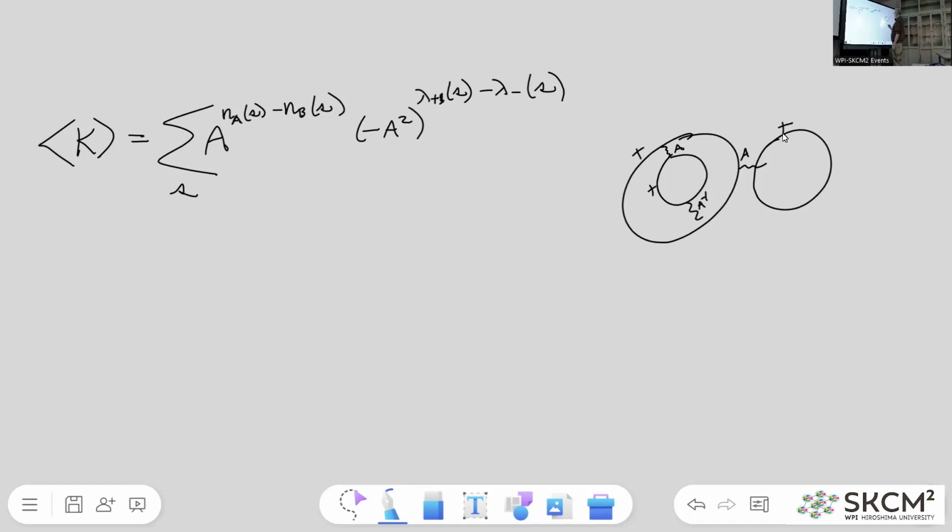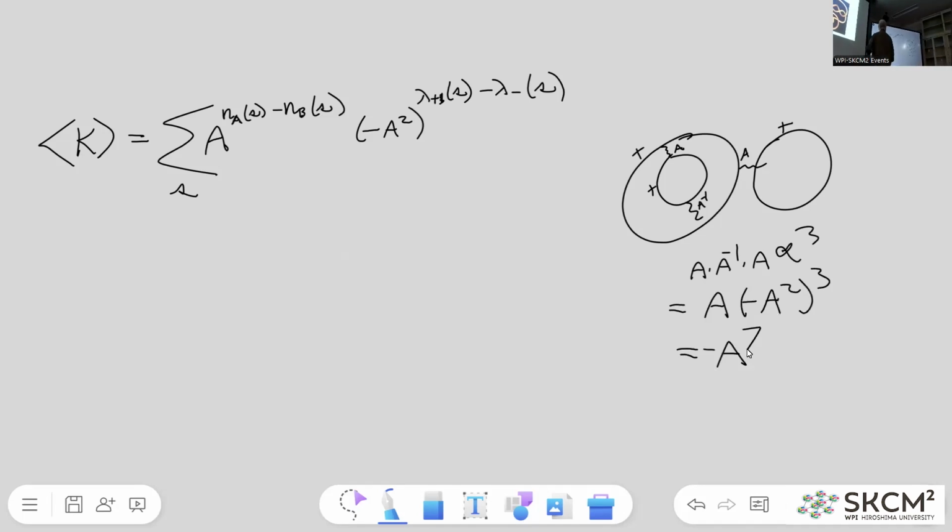So then this is going to contribute A times A inverse times A times alpha, the value of a loop, to plus plus plus, to the third power. And then that's going to actually be A times minus A squared cubed, which is going to be equal to minus A to the 7th.